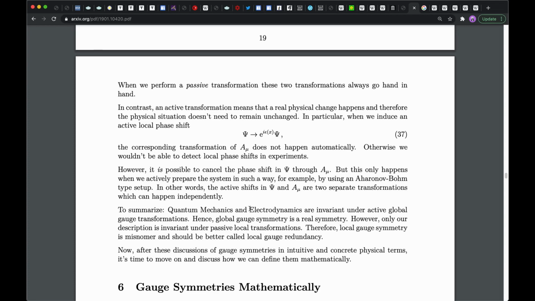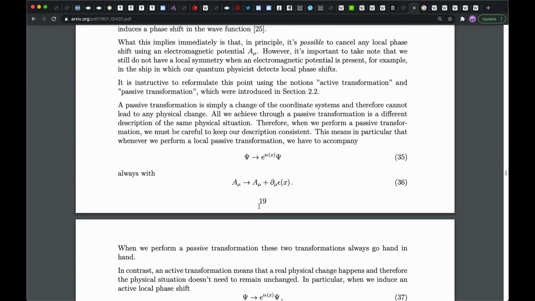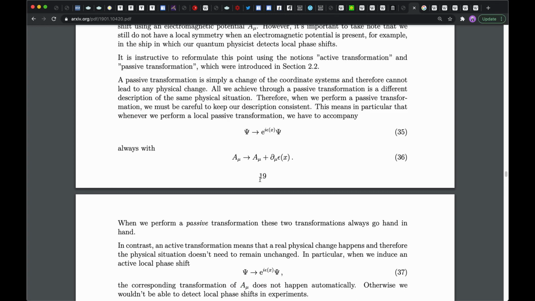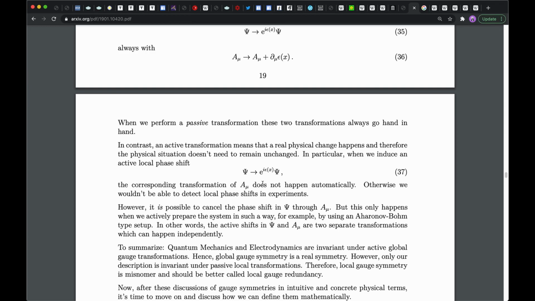So we cannot measure it, as far as I understand. But the local one we can measure, and by applying those local changes, first of all we can see different interference patterns, for example, in the experiments, and we can also see the reality of the electromagnetic potential in our experiments.